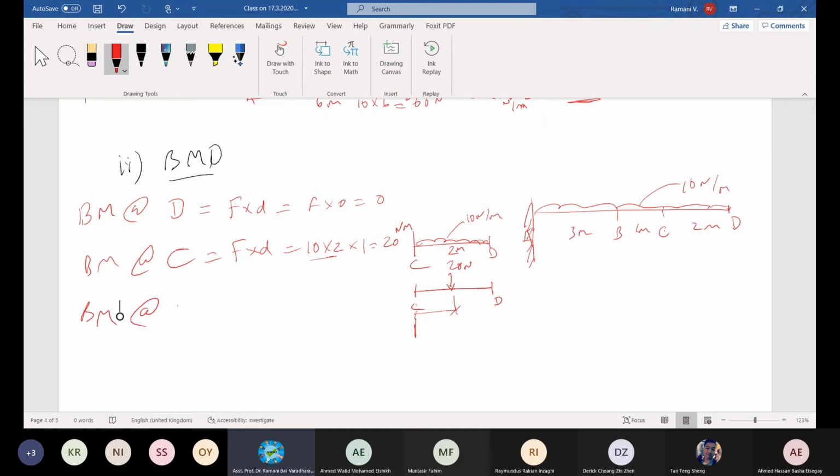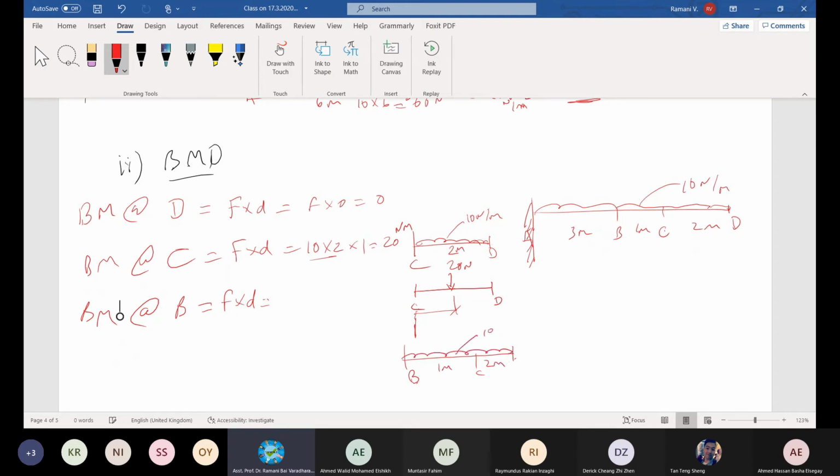Next is our B. Come on. Ongzan, can you answer me? Force into distance at B. Again, I redraw the structure, which is D, C, B, and this one is 1 meter. Oh, this is smaller. I did it wrongly. Okay, doesn't matter.